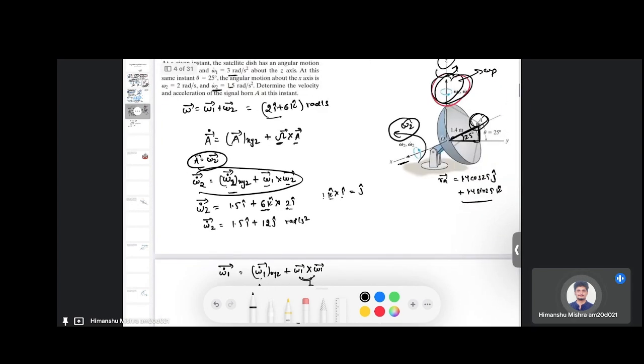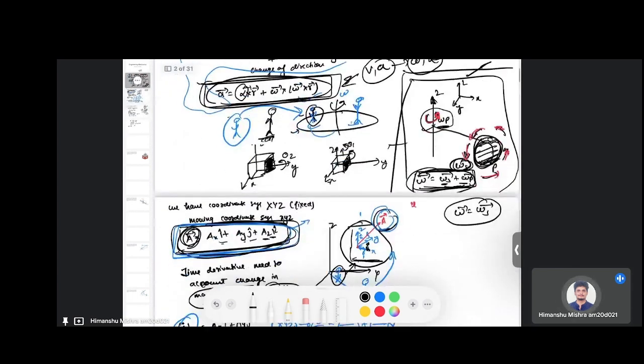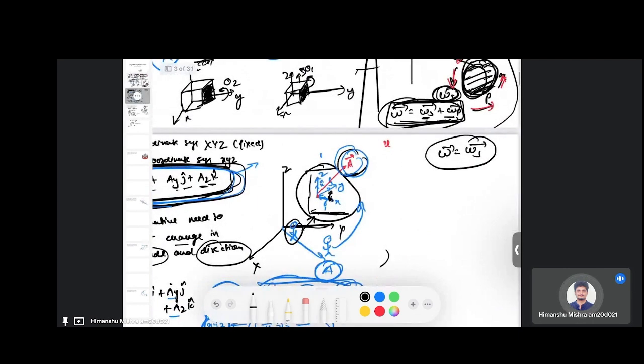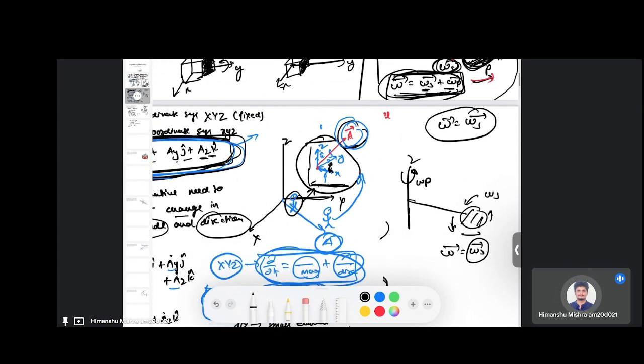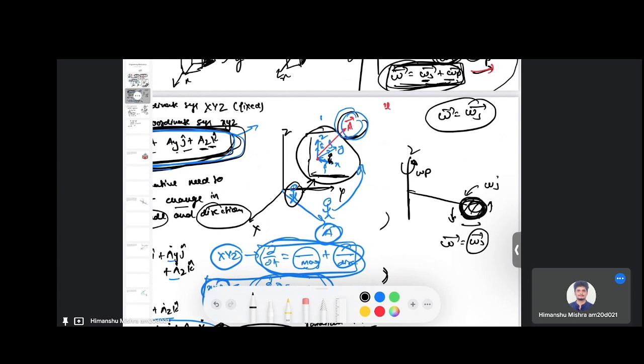So until now we are following the concept that we have discussed. Just to recap, if you have a disk rotating with some angular velocity omega s, then the angular velocity of this disk will be just omega s. But let's say you have another motion going on along the z-axis, this is omega p, then the resultant rotation of this disk is not just omega s, it will be omega p plus omega s in vector form.